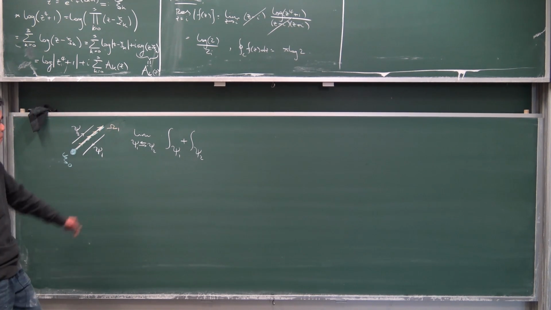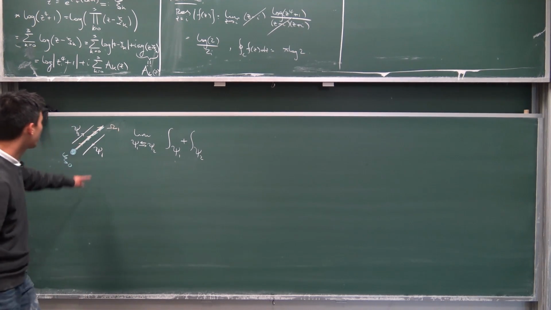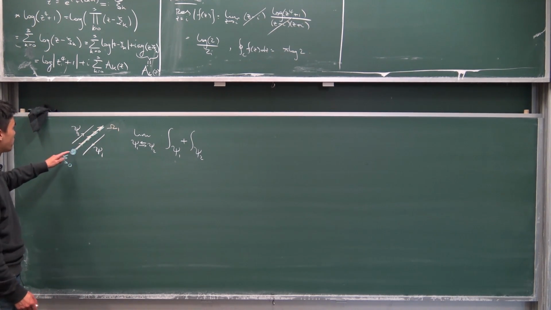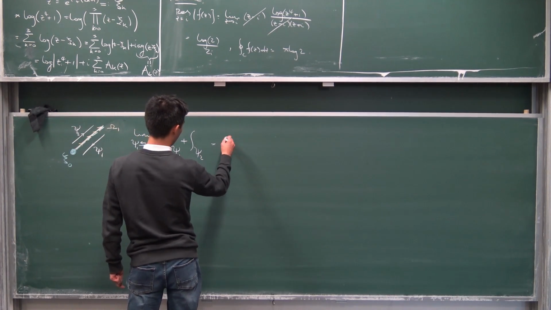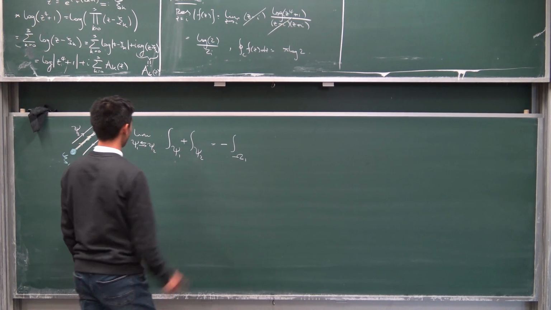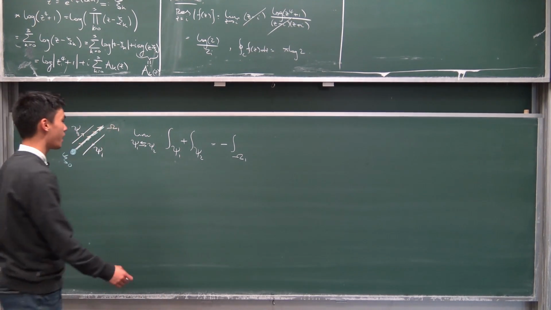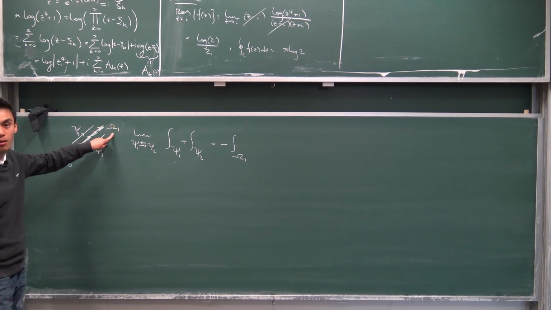Okay, so what happens in these limits? Well, the integral over psi 1 is going to approach the opposite of the integral over omega 1, so this is equal to negative the integral over omega 1. And then what happens with the integral over psi 2 as it approaches omega 1?